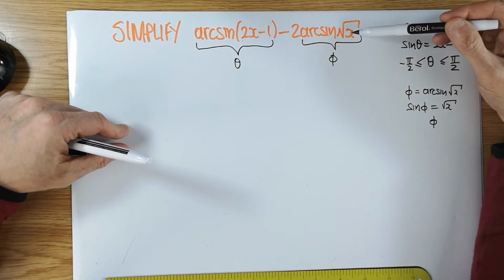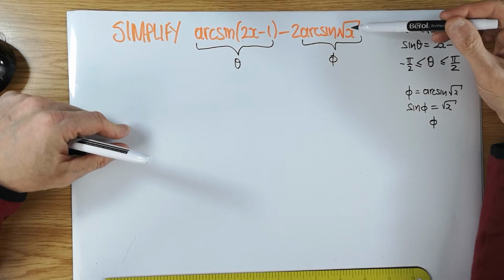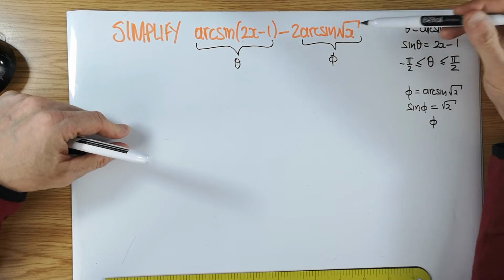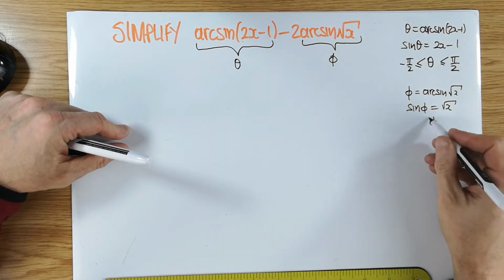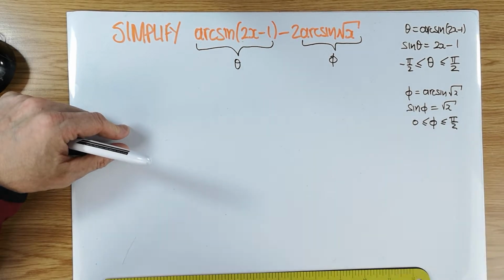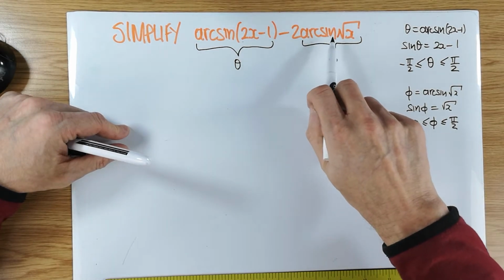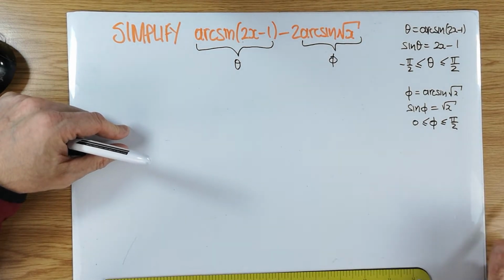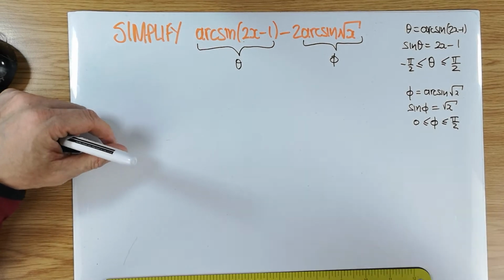Otherwise we're not going to get real answers. Therefore, we can only get answers between 0 and pi over 2 for this one. We cannot get, for example, a minus pi over 4. Okay, so far so good.